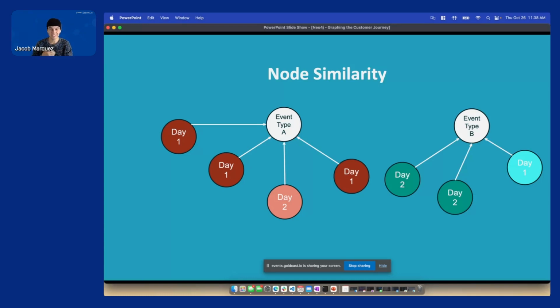We're taking into context when it happened just as much as what happened. But we also want to take into context how often it happened. Once we add that, we can see that day one becomes a little bit lighter as well, because the volume in which it happened was less. And then we can draw these similarity relationships between days.